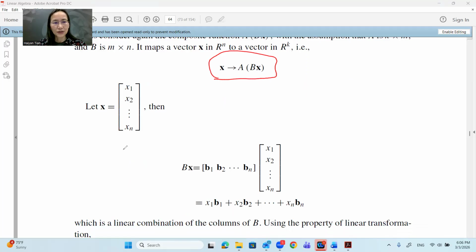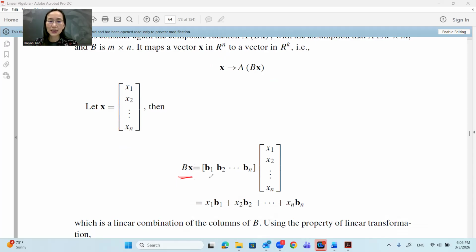If I have a vector X, first of all, we apply B on this vector X to get the image of X.